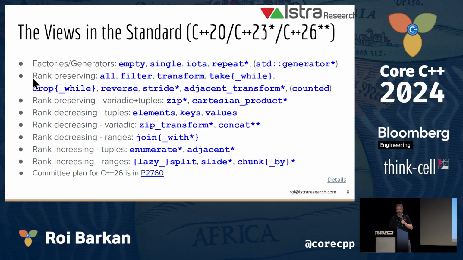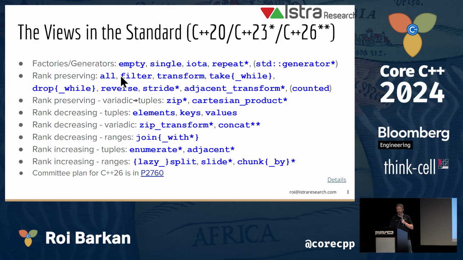Rank preserving adapters take something that already has some rank, and my result will be of the same rank, of the same shape. Most typically, transform is what we think about when we discuss shape preserving adapters. Basically, each element goes through a transformation. The result is the exact same shape as the input. Even the number of elements is the same.